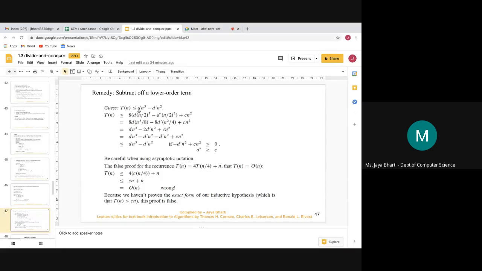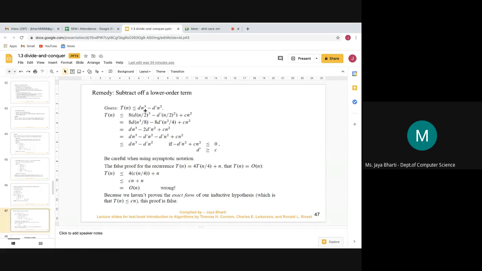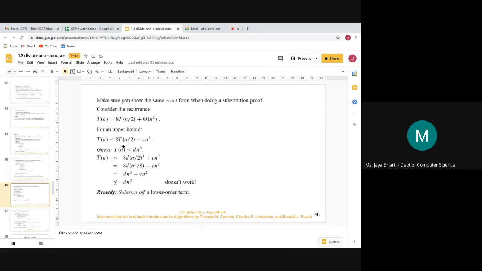The recurrence relation is T(n) is less than or equal to 8 T(n by 2). In place of T(n by 2), initially you had written d (n by 2) whole cube. Now we will write 8 times d n cube, where n is replaced by n by 2. So it will be d (n by 2) whole cube minus d dash (n by 2) whole square plus c n square. The c n square will come from here only, which was our initial recurrence relation.